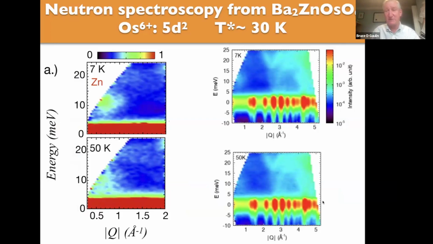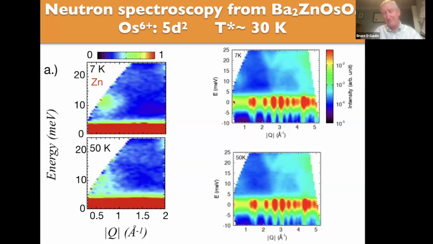And that's because the structure isn't changing as you go from 7 Kelvin to 50 Kelvin or vice versa. And secondly, there's a very nice relatively free region of momentum space between 0 and about 1.2 inverse angstroms, where there are no Bragg peaks due to the chemical order, if you like.